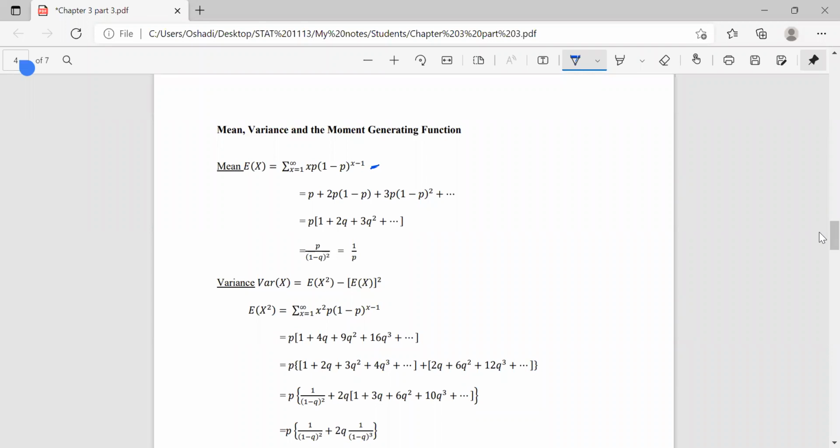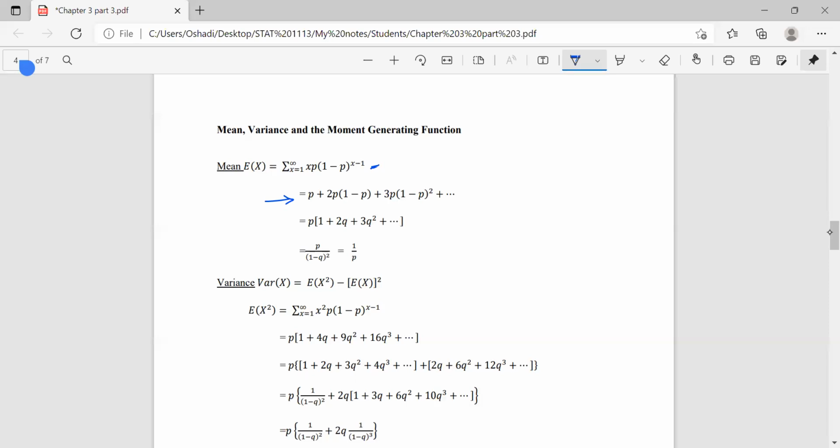After expanding, we can take p out, and the remaining part is 1 plus, in place of 1 minus p, we replace it using q. So p into 1 plus 2q plus 3q squared. Likewise, we can write the series.